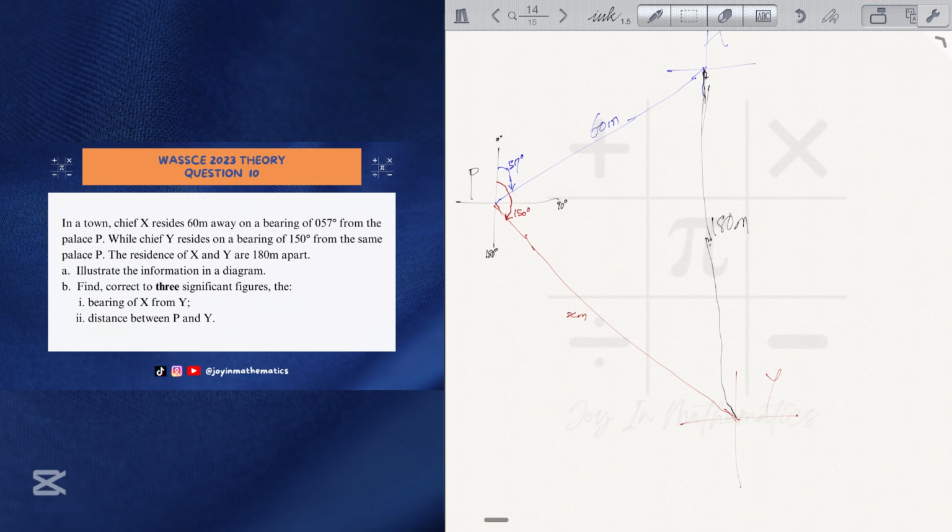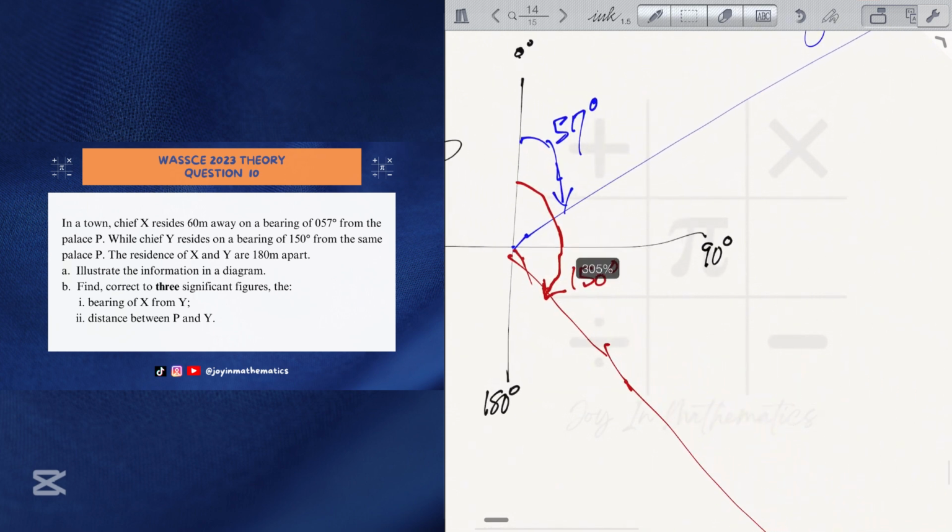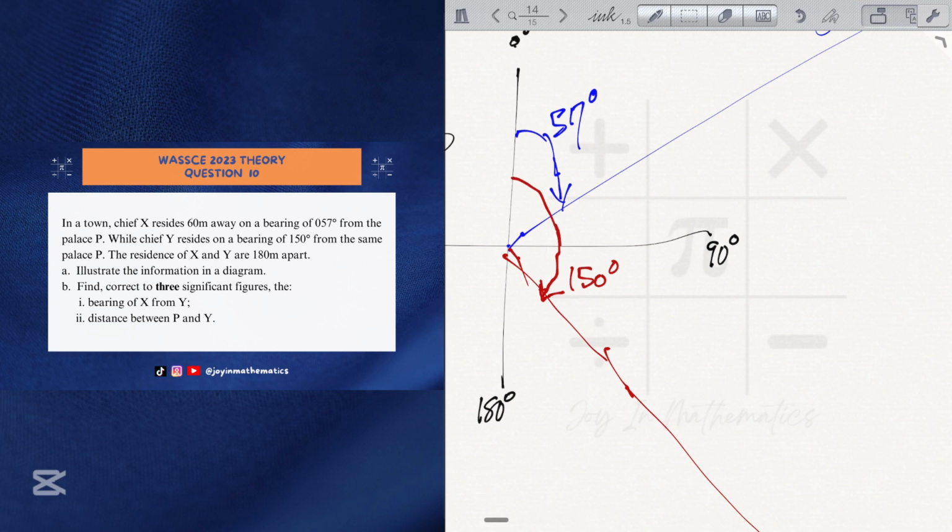Now we have illustrated this in a diagram, but we have not yet completed it because we have not yet allocated the angles. So we come back here, and since we know that this base is 90 degrees, and we have 57 degrees here, the remaining angle would be 90 minus 57, which is 33 degrees.